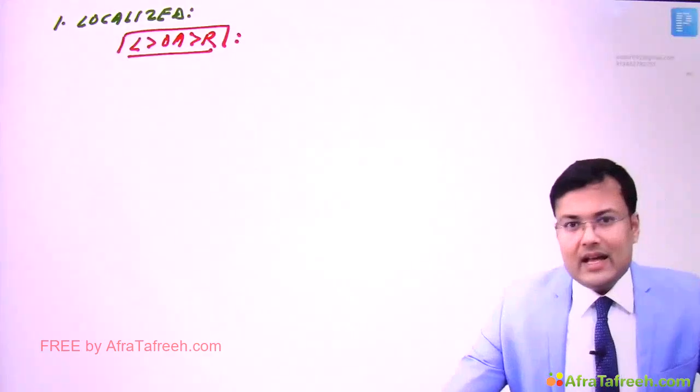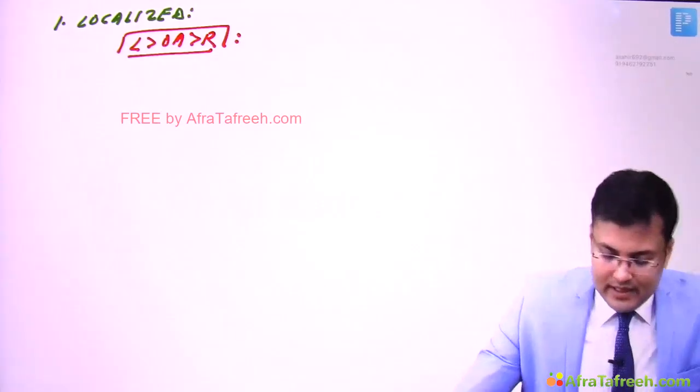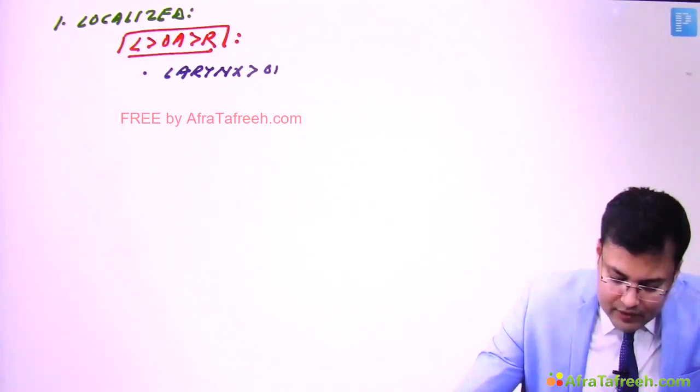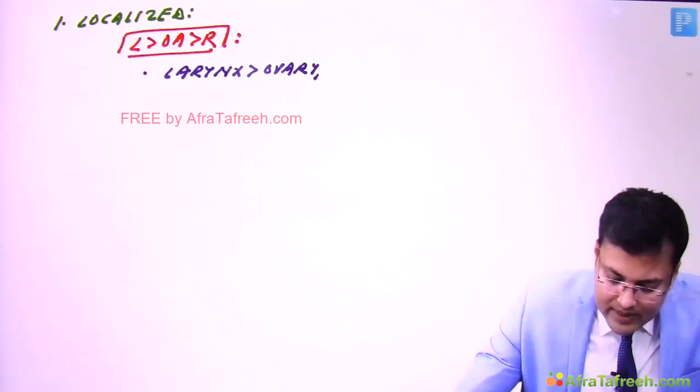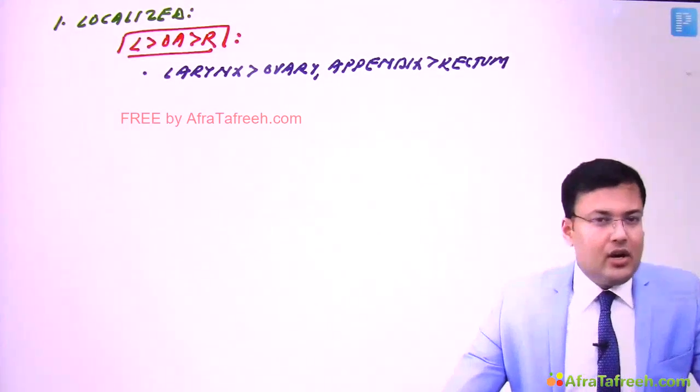L means larynx, O means ovary, A means appendix, R means rectum. Clear? So this is the larynx, followed by ovary, appendix, followed by rectum.